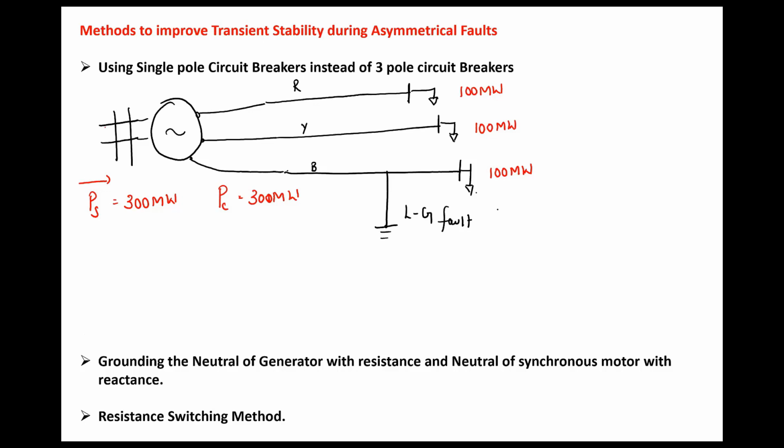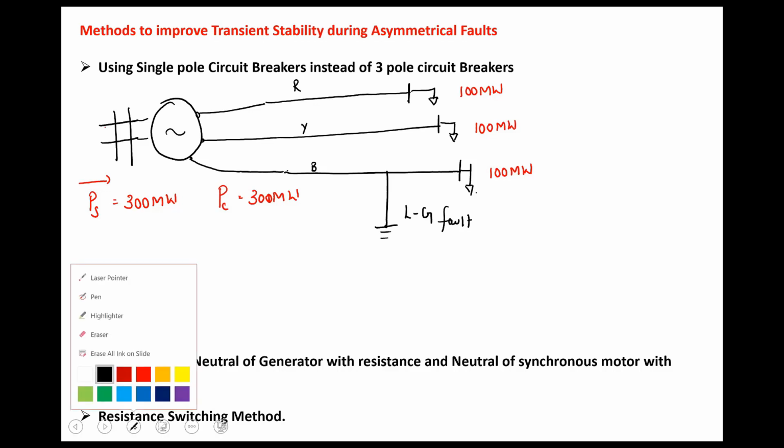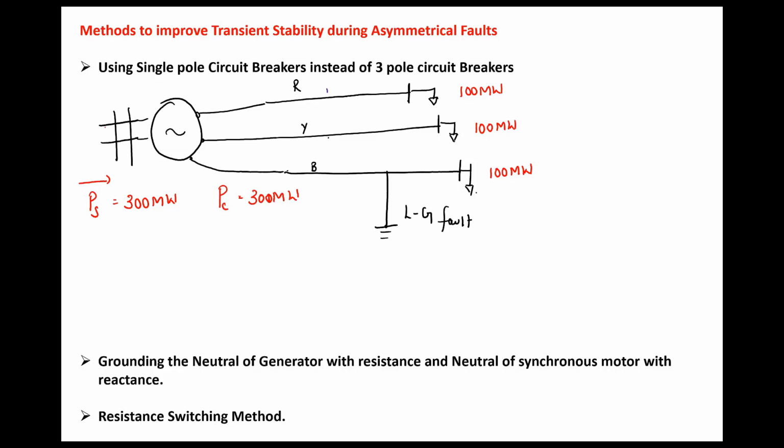If a single line to ground fault occurs and you use a three-pole circuit breaker, then what will happen? The relay will sense the fault, it will give a trip command to the circuit breaker, and it will completely open all three phases.